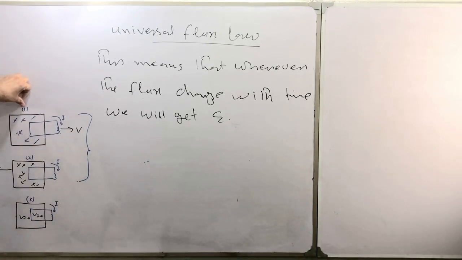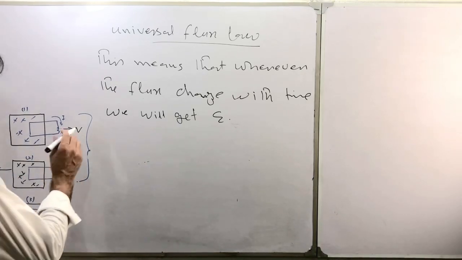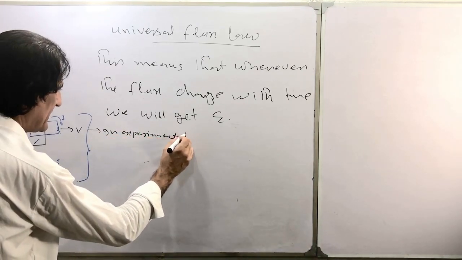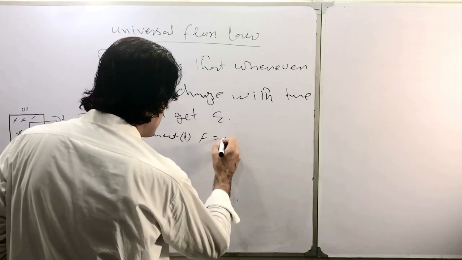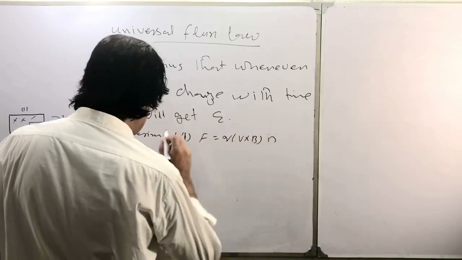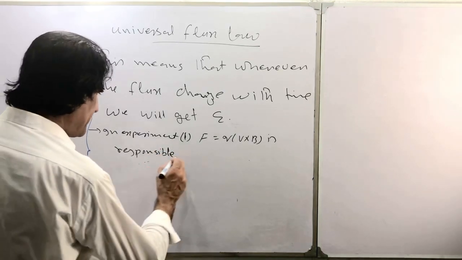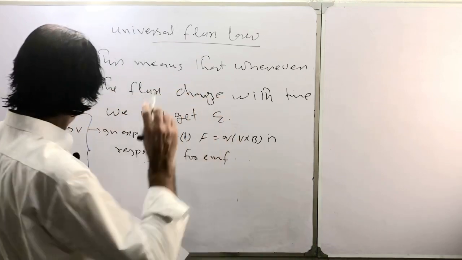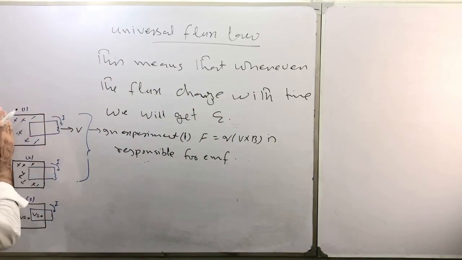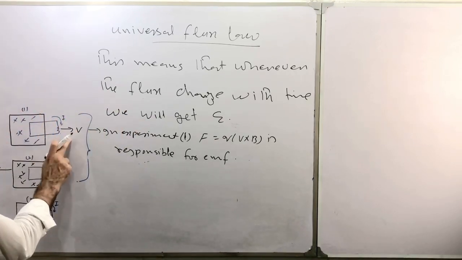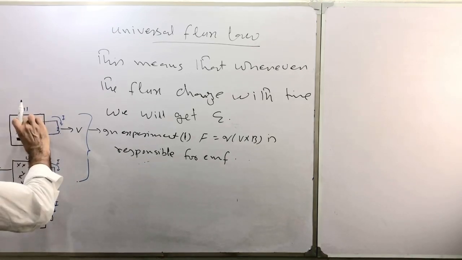In experiment 1, the force F equals qv×B is responsible for the EMF, because when we pull the loop to the right with velocity v, this segment will move.